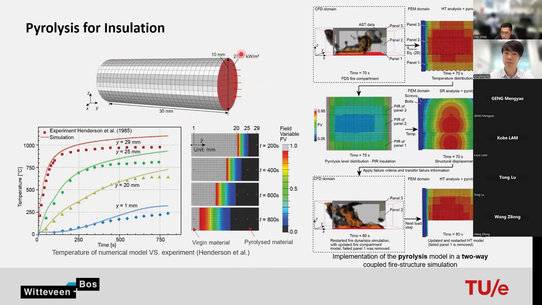So this is a composite material, and one side, the end of the cylinder, is exposed to constant heat flux, and we can measure the temperature inside the cylinder at different locations. So with this pyrolysis model, I can more or less predict the temperature development inside the cylinder.